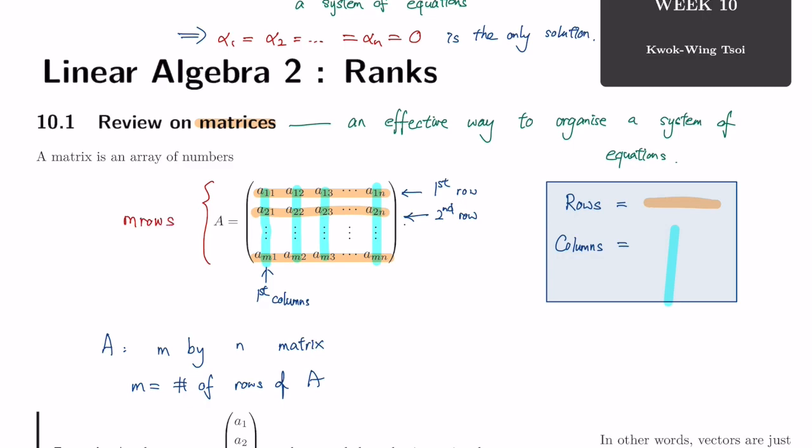And then what is n? n is the number of columns of A. For example, in this case, there are n columns. You get 1, 2, 3, all the way up to n. So n columns.